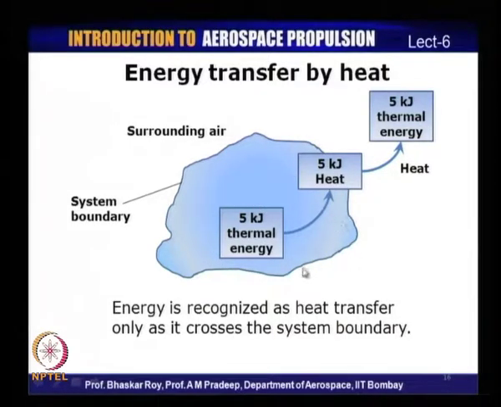As long as the system does not transfer energy with the surroundings, that is not thermodynamically referred to as heat. So, heat transfer is recognized as an energy interaction only as it crosses the system boundary.